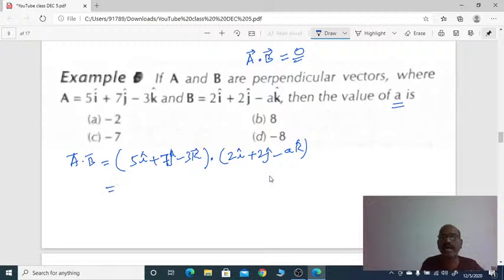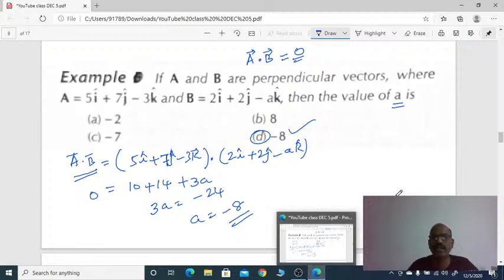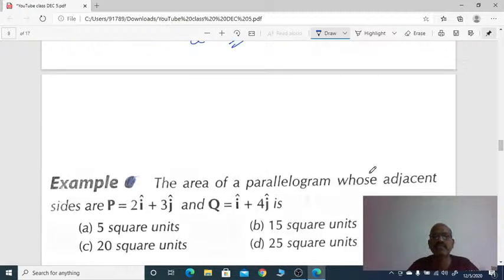Now in the dot product, i dot i, j dot j, k dot k, only those multiply. So 5 into 2 is 10, plus 7 into 2 is 14, minus into minus is plus, so 3 into a, 3a, is equal to 0, because perpendicular means A dot B should be 0. So equate it, that's it. From here 3a equals minus 24, a equals minus 24 by 3, which is minus 8. So option D is correct. Let us go for the next one.